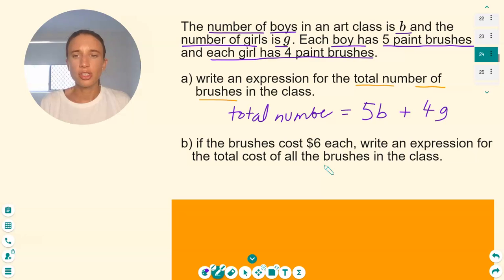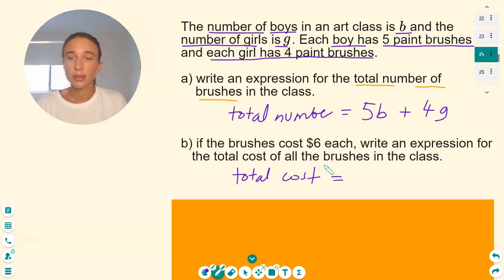If the brushes cost $6 each, write an expression for the total cost of all the brushes in the class. Total cost. The total cost is going to be the cost of one, which is 6. The cost of one brush is 6.